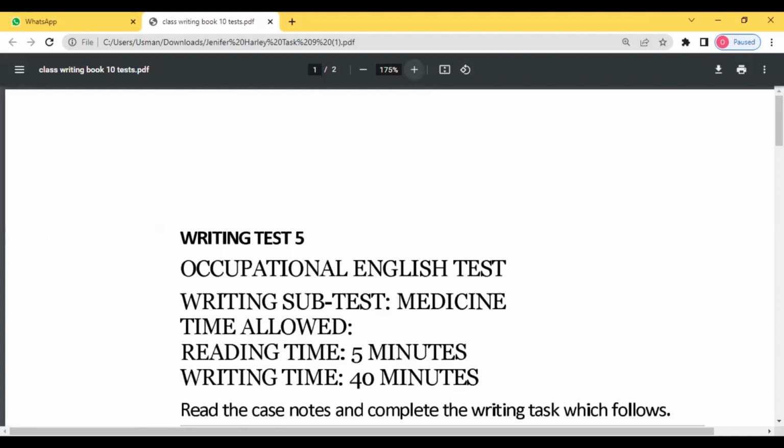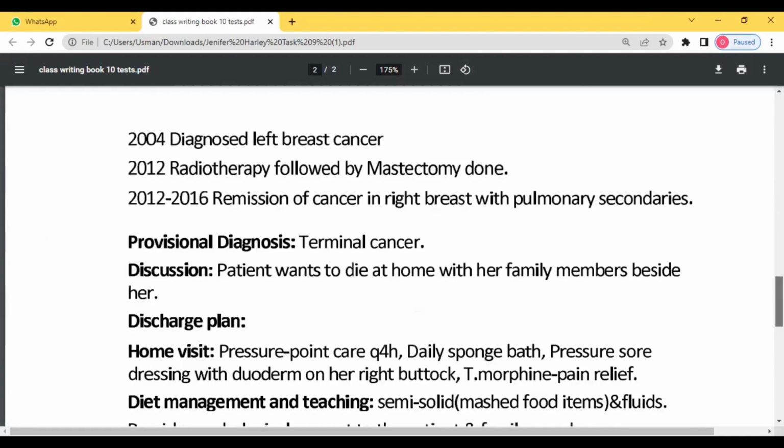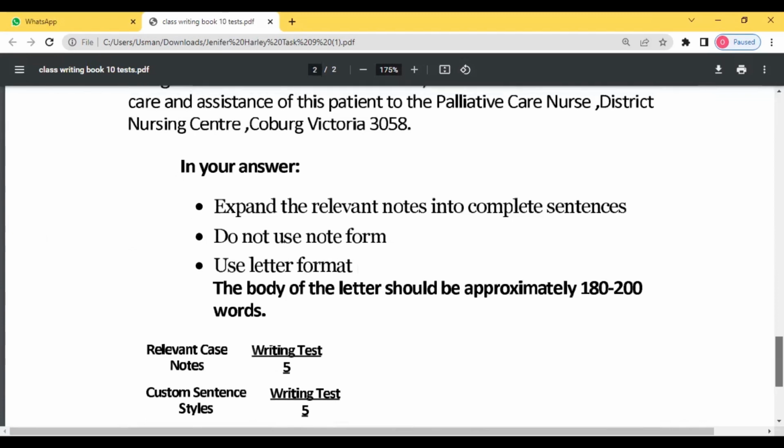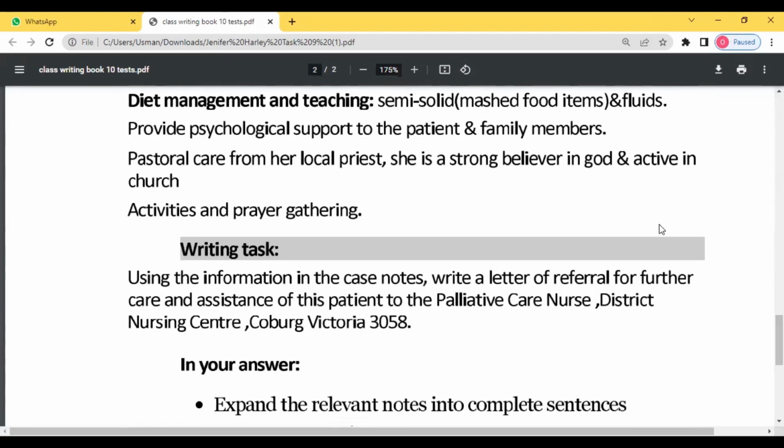So let's say, whenever you see the case notes, you'll go to the last part. You have to see to whom we are writing this letter. The first part of the criteria, as we discussed earlier. So here, we can see that we are writing this letter to the palliative care nurse. It's not common in medicine that you would be writing directly to the palliative care nurse.